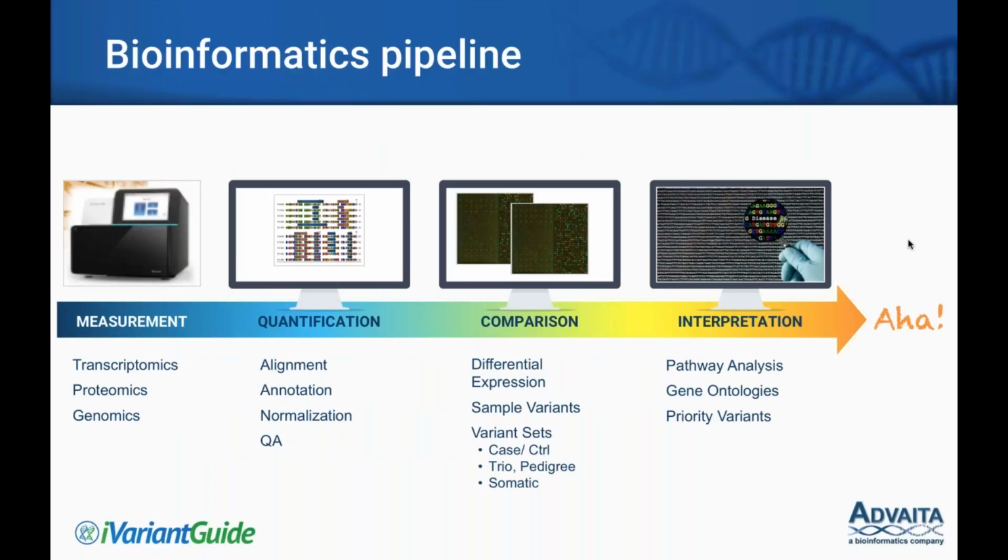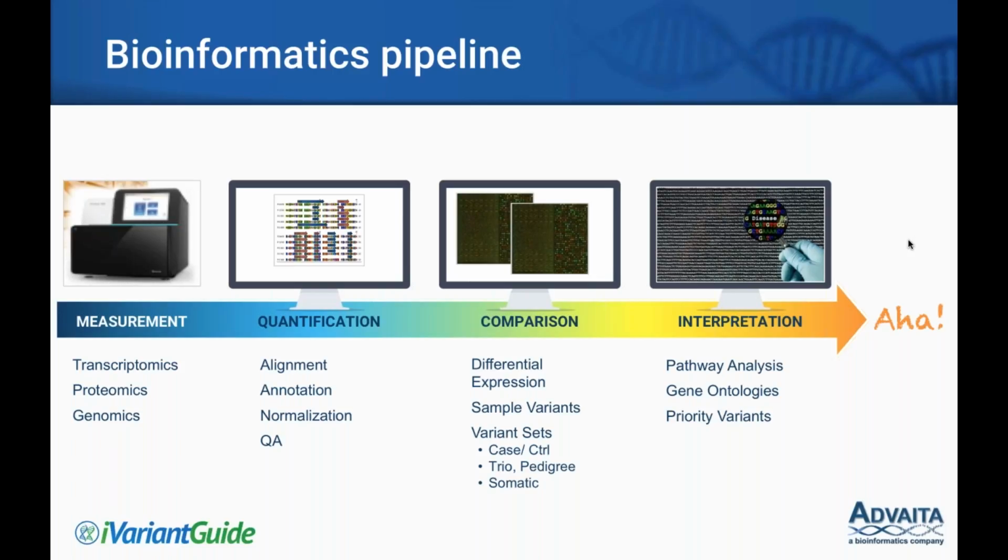So I want to just quickly mention where we sit in the bioinformatics pipeline, just to orient you. This pipeline that I'm showing starts with measurement. So in the case of variant analysis, that would be a sequencing machine that outputs measurements, which then in the quantification phase are turned from intensities or other type of measurement into a biologically meaningful result, like a nucleotide, for example.